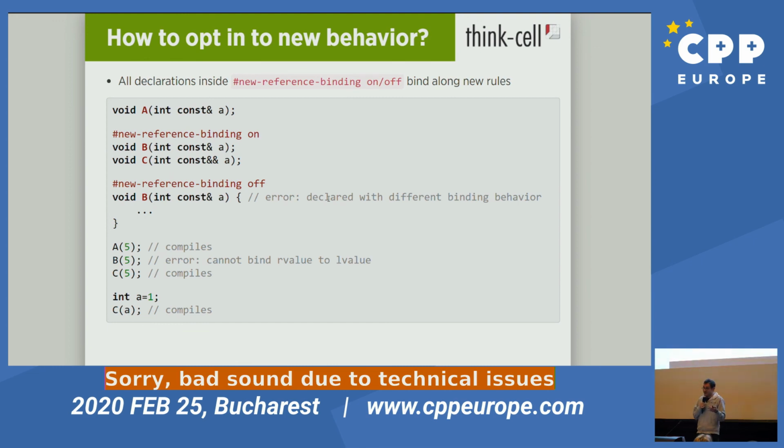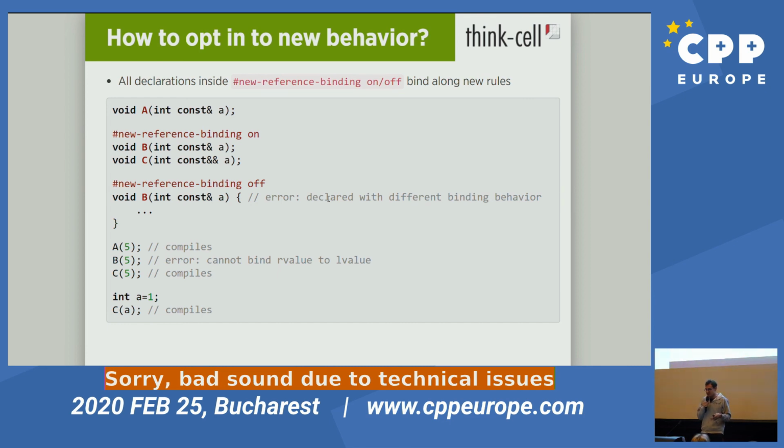Now, how would that look? You declare an A that takes an int constref outside of our new binding. Now you declare a B and a C inside new binding, and now we want to define B. Well, that will probably be a compiler bug because the B is defined outside of your pragma clause.